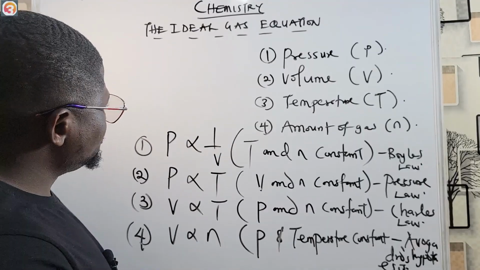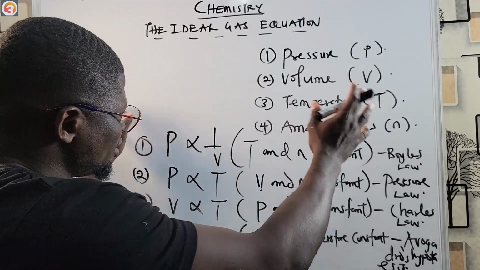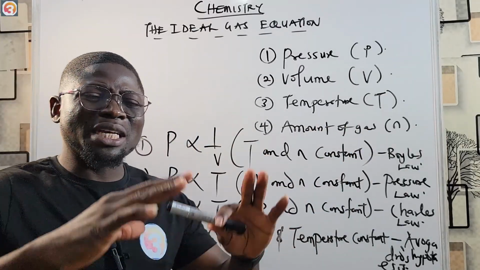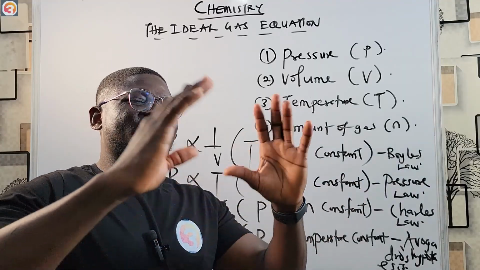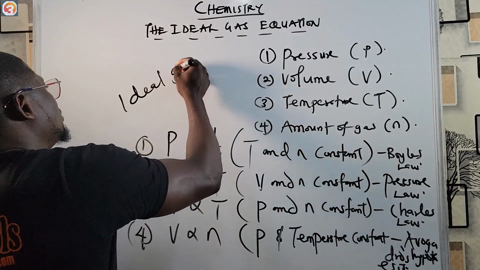All right. Each of these relationships, 1, 2, 3, 4, is a special case of a more general relationship called the ideal gas equation.